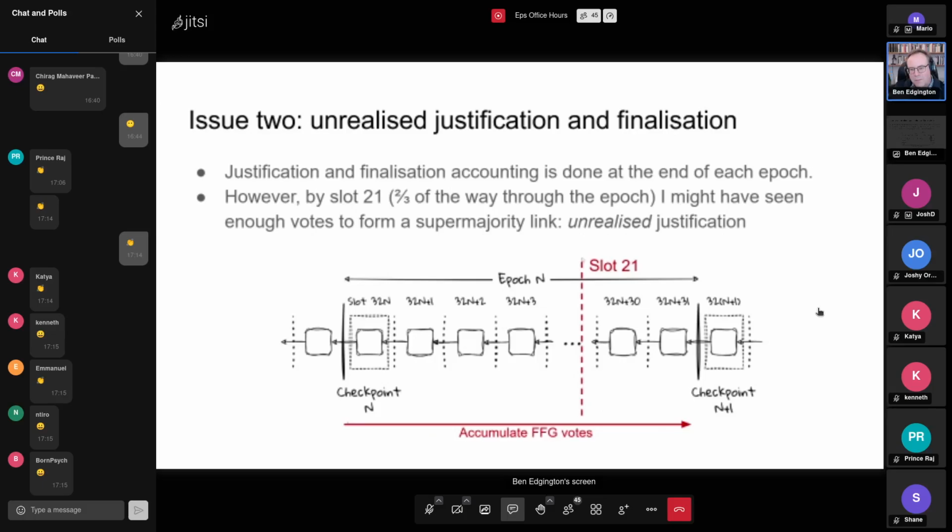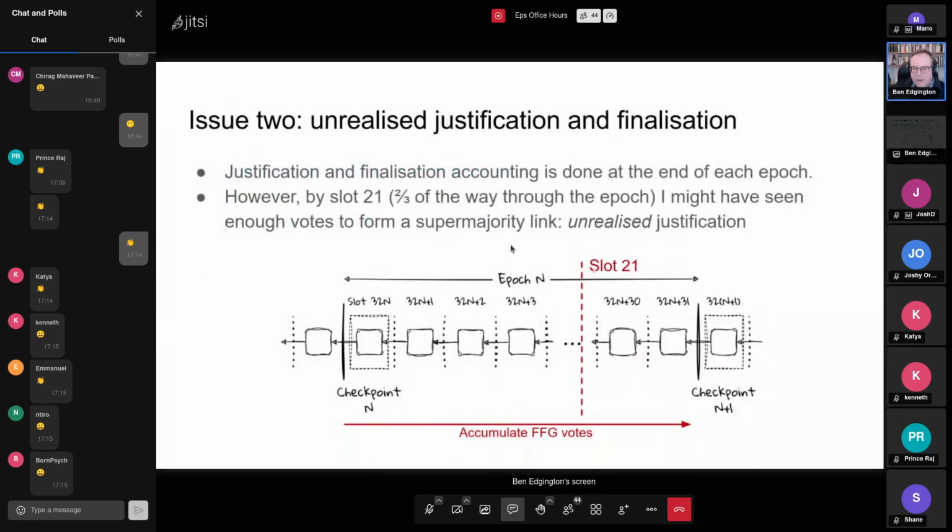And it could be that by 2/3 of the way through an epoch, we already have enough votes to justify this checkpoint N. But we won't actually mark it justified in the state until we get to the end of the epoch when we run the state transition, the epoch transition. So we call this an unrealized justification. We've got enough votes to justify it, but we haven't actually justified it yet because that's only done at the end of the epoch.